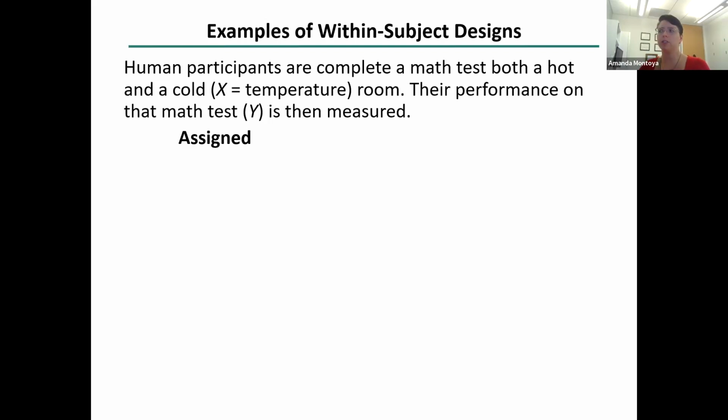Rebecca asked a great question in the chat, which is, what about counterbalancing of the order? Should we include this as a control variable? So yes, this course is not necessarily an experimental design course, but if you took an experimental design course and learned about within subjects designs, and an example like taking a test in a hot room and then a cold room, one of the things that is often recommended is to counterbalance the order that people do the conditions in.